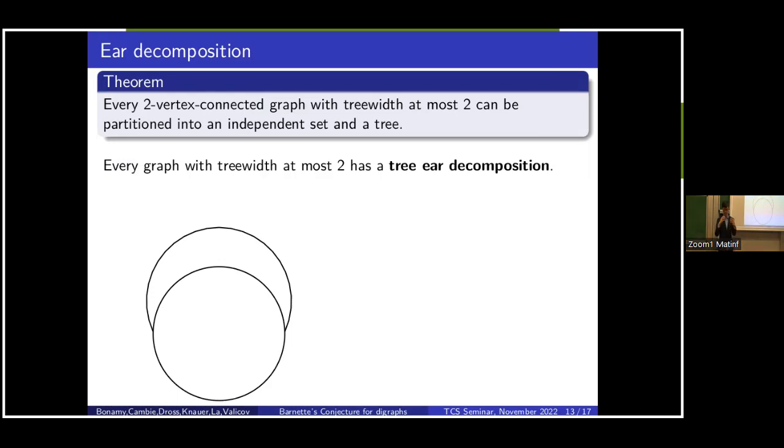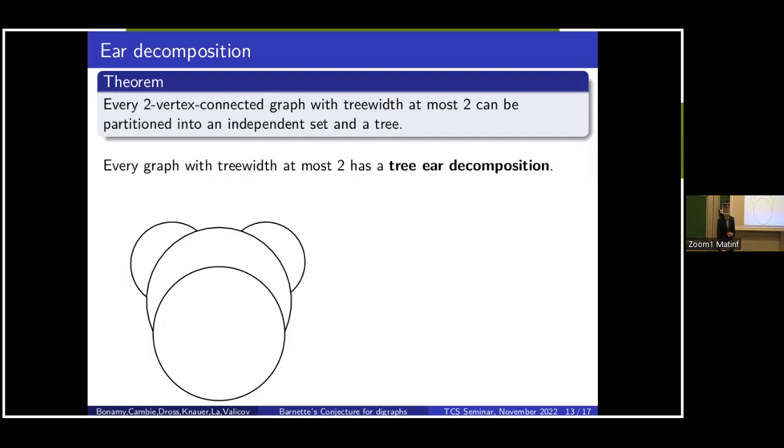And the tree part here is a restriction on the fact that both endpoints have to be on the same ear. And since I have 2-vertex connected, I cannot have some different case like this. So the endpoints must be different vertices.